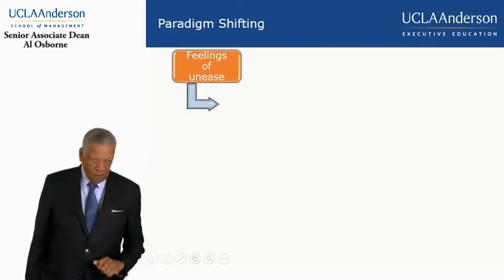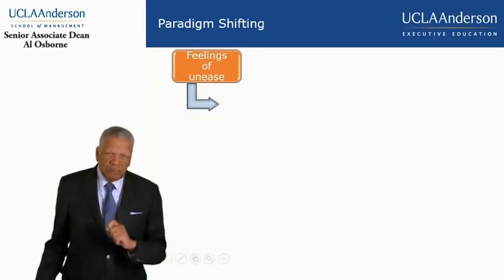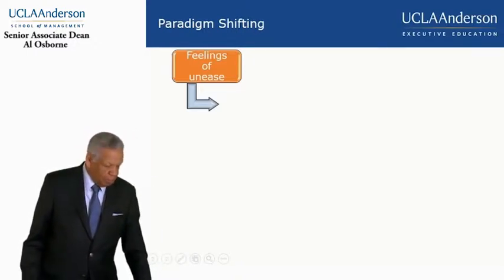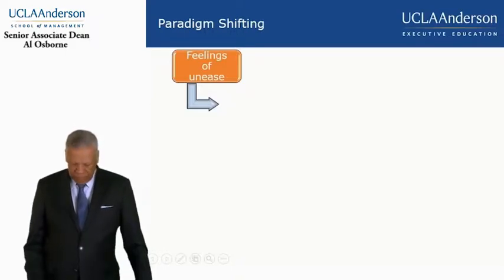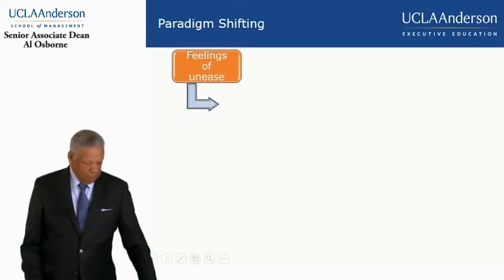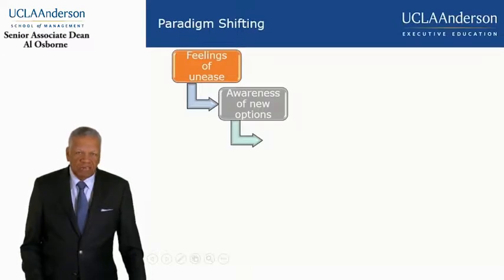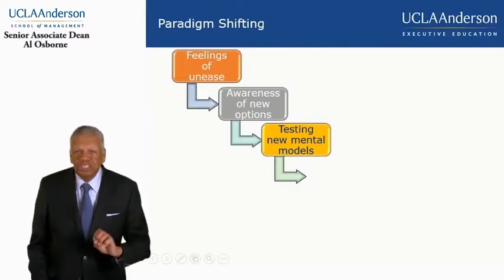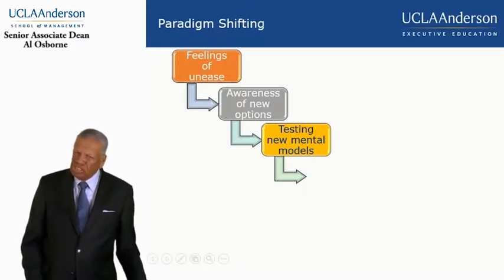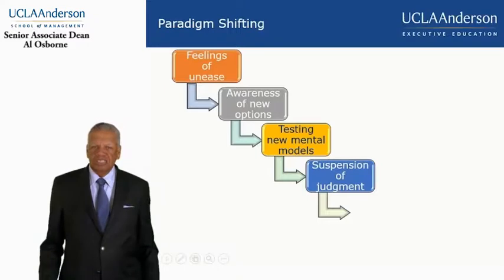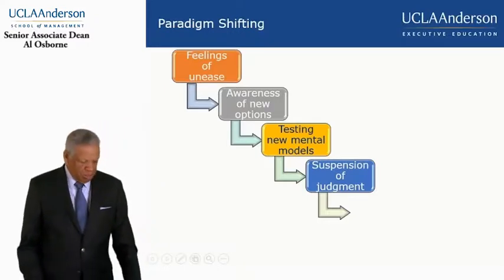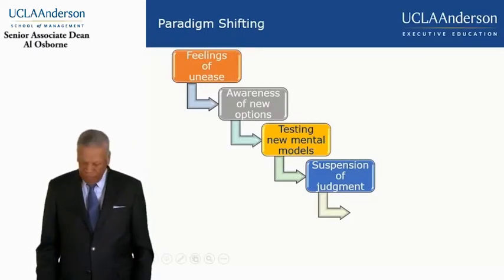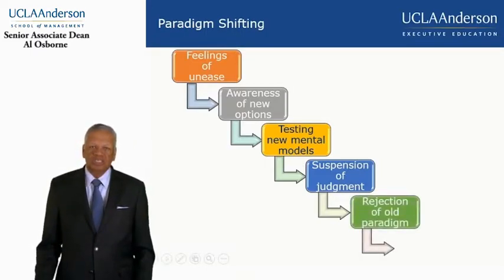Or better yet, we need to be hunting them down. We need to feel uneasy about what we're doing so that we can be prepared to deal with a paradigm shift. Feeling uneasy drives us to be aware of new options. In being aware of new options, we're willing to test new models or new approaches to thinking about things. This then allows us to suspend our judgment about what it is that we're doing and get to fundamental change that may be necessary to create success.